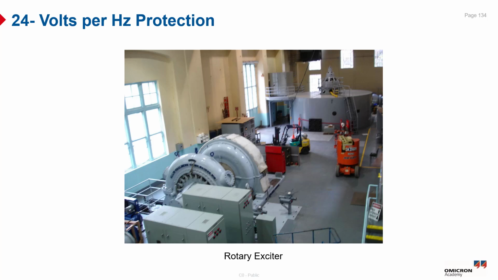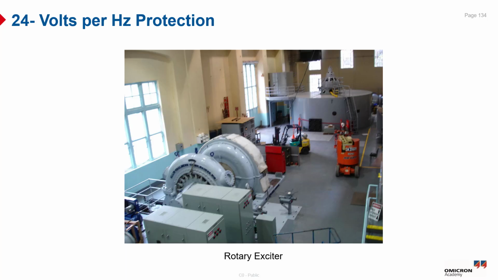So here we can look at the overexcitation protection, commonly referred to as 24 protection. Modern excitation systems often include overexcitation limiting and protection, but it may take several seconds for the system to respond. Overexcitation occurs when the V over F ratio exceeds about 105% at full load or 110% at no load.